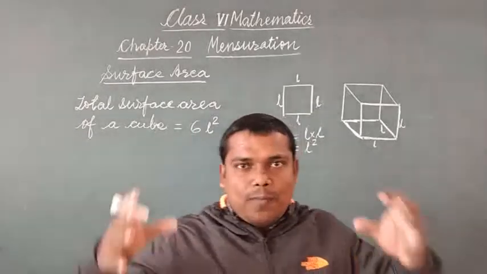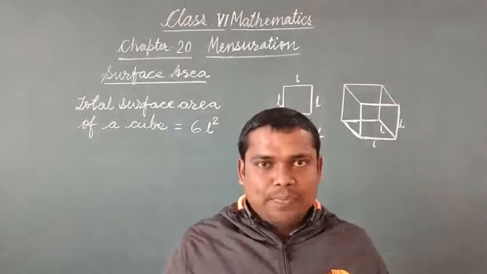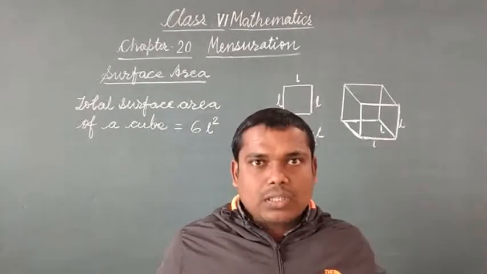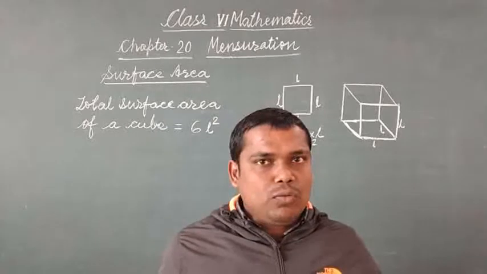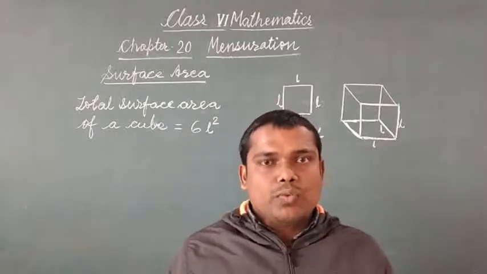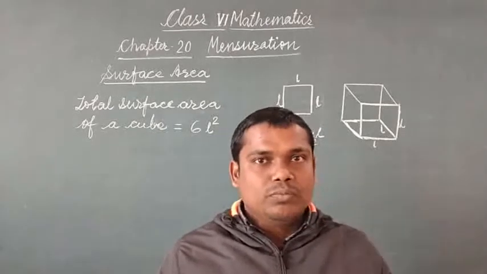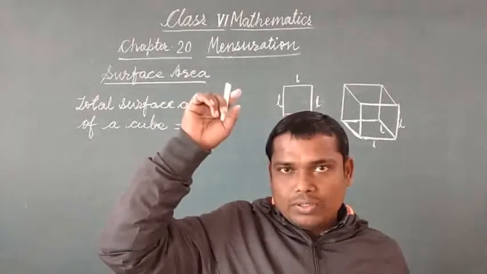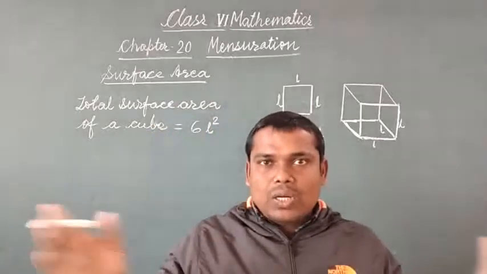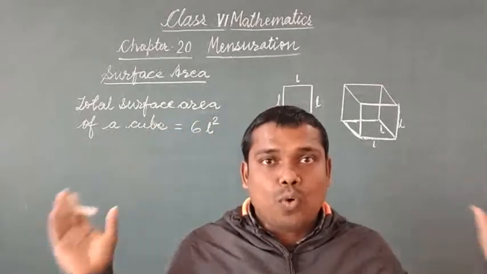Take an example of a cubical room. So the floor will be the base of the room and all 4 walls will be the lateral surfaces of the room. We will not consider the roof or the ceiling. We will consider only the lateral surface area, these 4 walls.